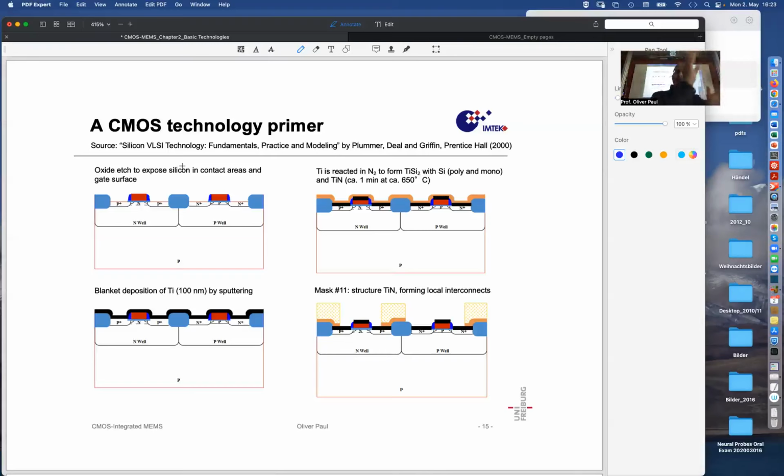If your water droplets stick to these areas, you know you still have some oxide, and you probably need to etch some more until the water retreats from these areas. So this is a standard trick of technologies to see whether an oxide etching is complete or needs to be continued. And then comes a metallization made of titanium, 100 nanometer by sputtering.